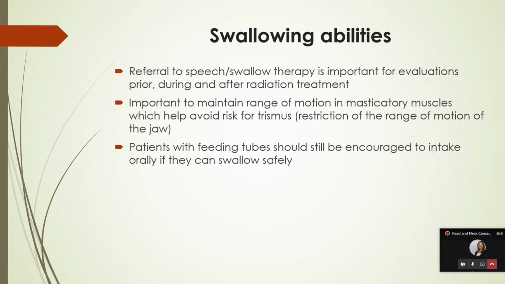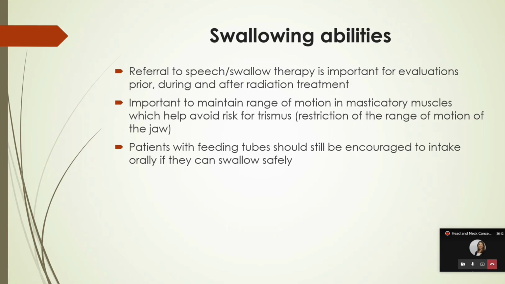The referral to speech and swallow therapy is important for patients prior to starting treatment, during, and after radiation treatment. It's important for patients to continue to maintain a good range of motion with the jaw muscles, and that helps to avoid trismus.